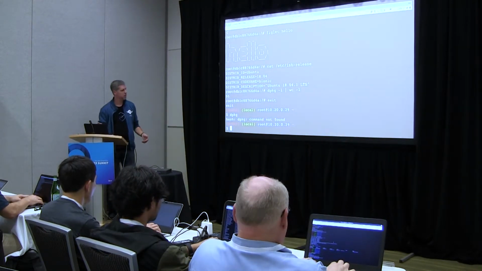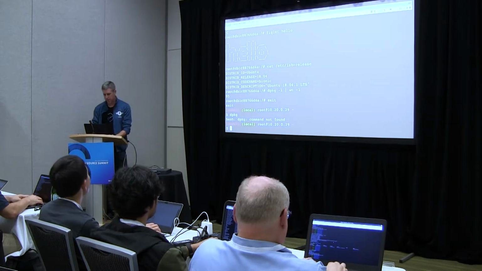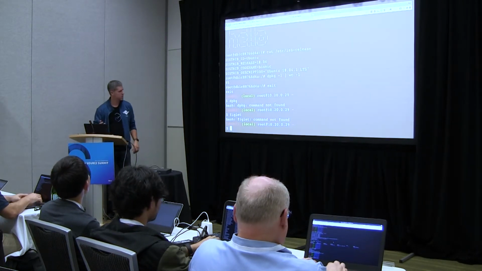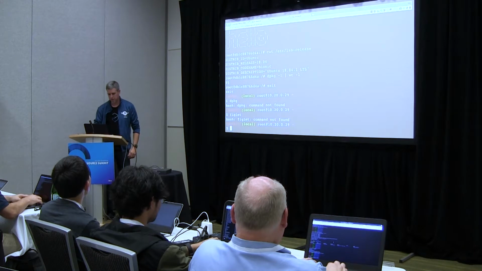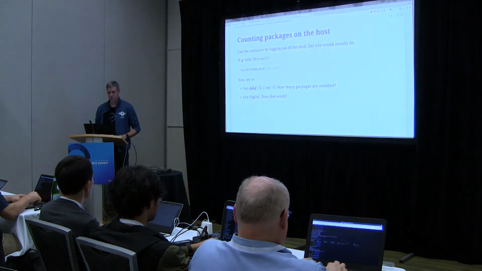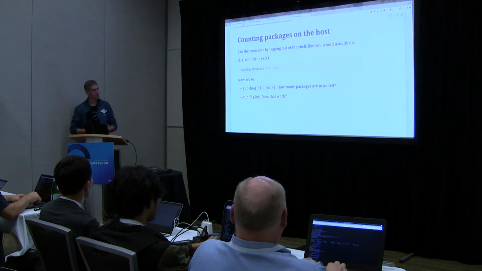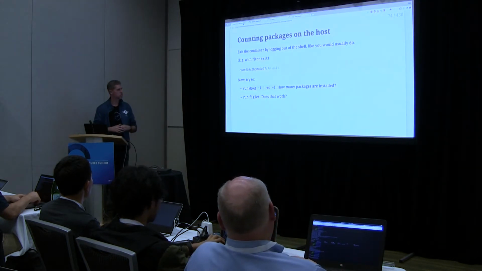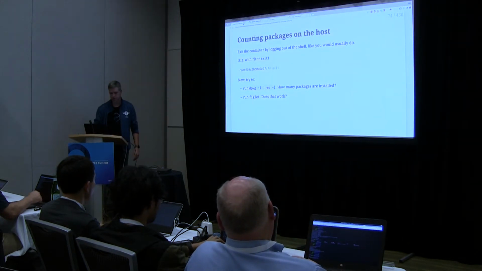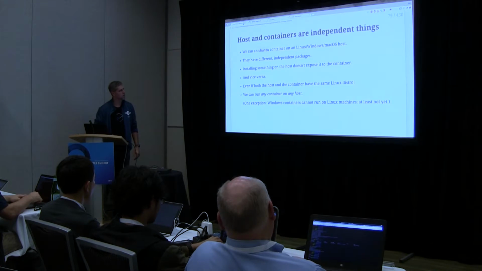Yeah, right, this is an Alpine host, so we can't even run dpkg, and obviously figlet is not installed. Again, just trying to bring home the fact that our container environment is a totally separate environment from the host that we're running Docker on.